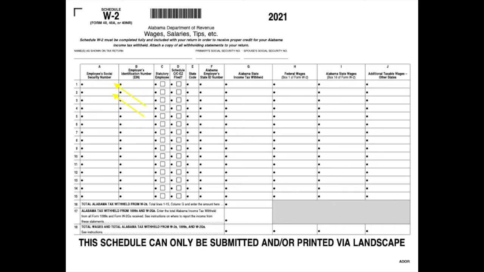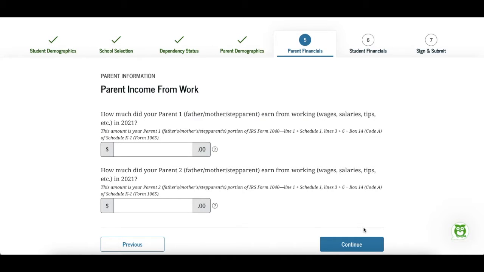The Schedule W-2 will break down earnings by each taxpayer, so you can see, based on the Social Security number of the parent in column A, whose W-2 is whose, and that will help you break it down for line 1 of the 1040. You might still need to look at the W-2 to get any tip information from box 8.